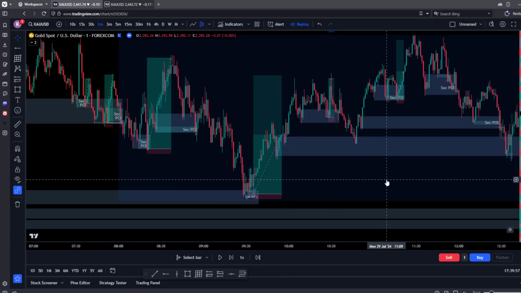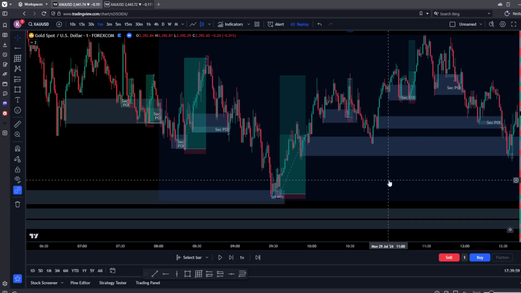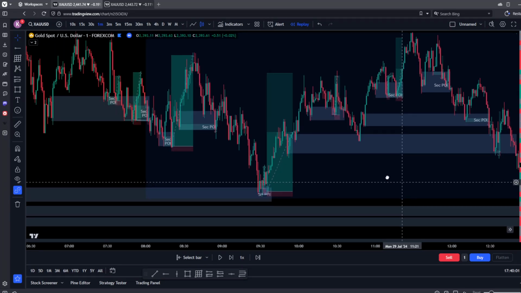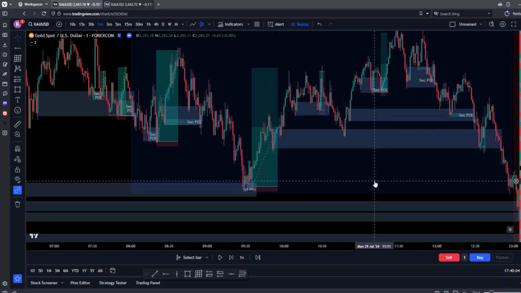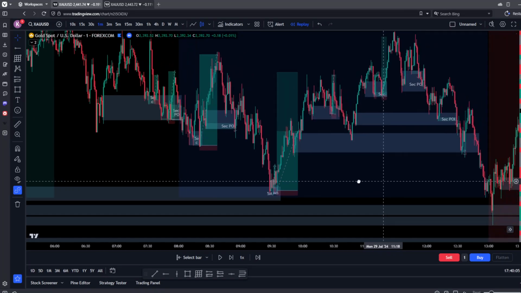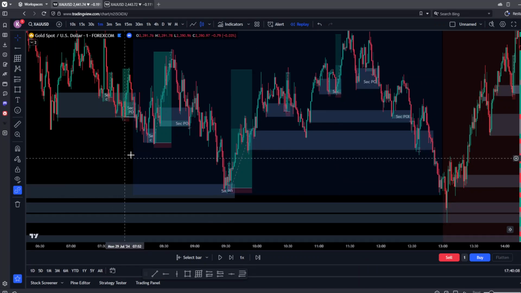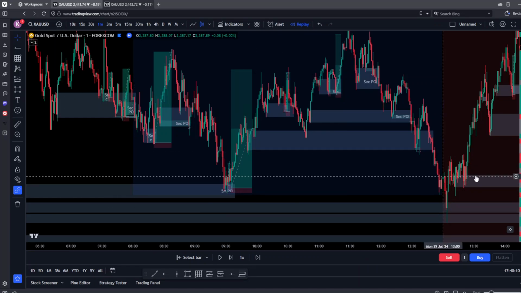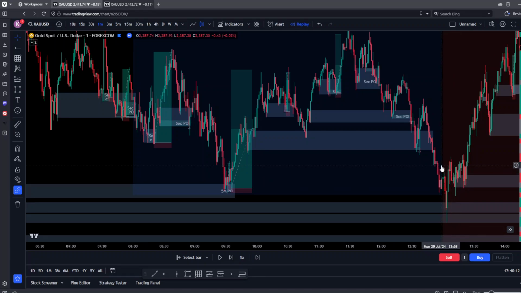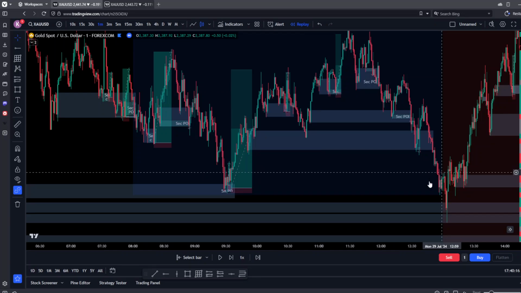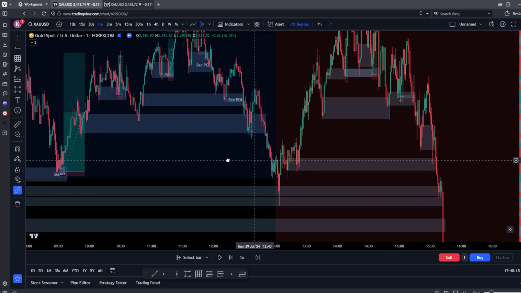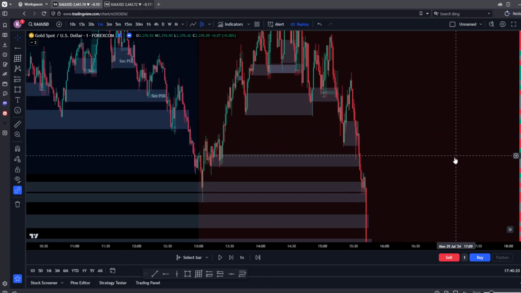With this method, you only trade the London and New York sessions. There's a specific time I trade London, from 8 a.m. to about 13 GMT. For New York, from 13 to 19.